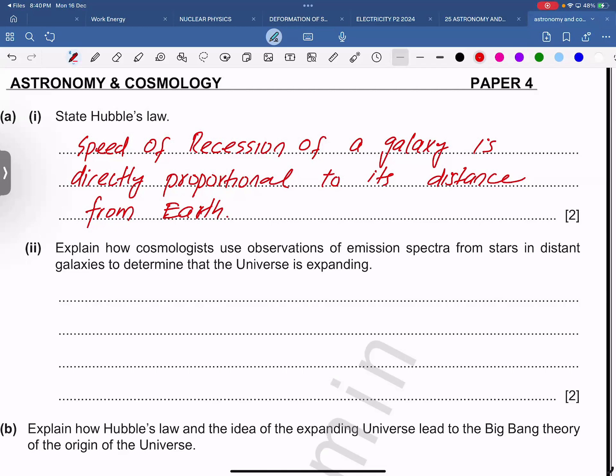How do cosmologists use the observation of emission spectra from stars in distant galaxies to determine that the universe is expanding? Yes. So observed wavelengths are longer, which gives a redshift, which proves that the stars are moving away from Earth.